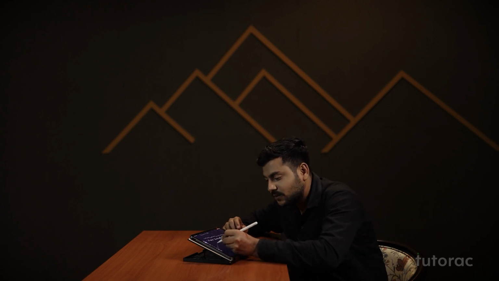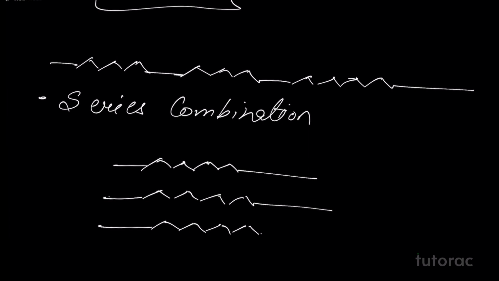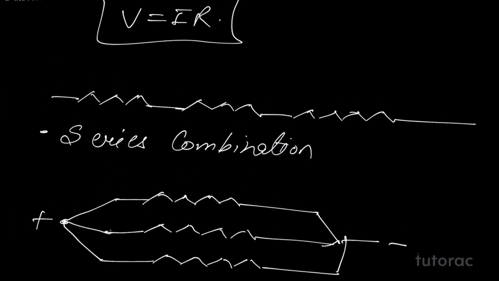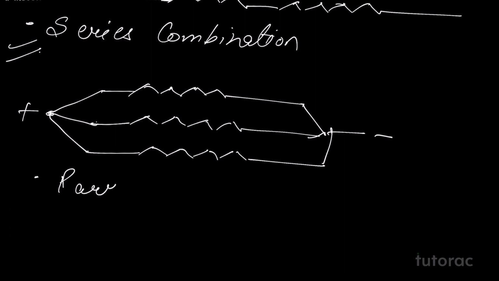Apart from that, another possibility is that we can connect them in a parallel way, one below the other. I can connect them in this way and then connect all the points together to the positive terminal, and all the other points to the negative terminal. This is what we call a parallel combination.